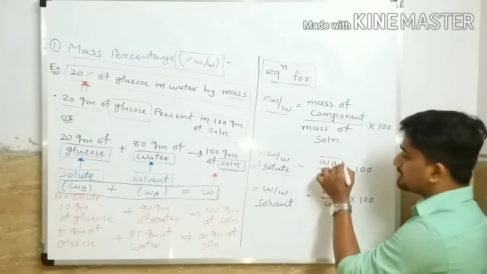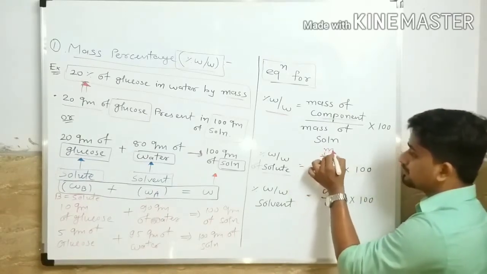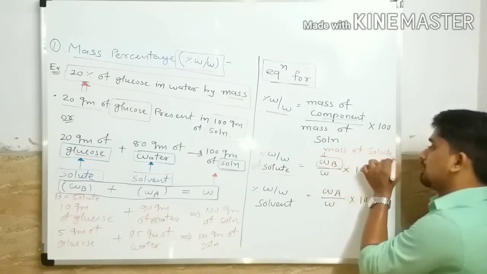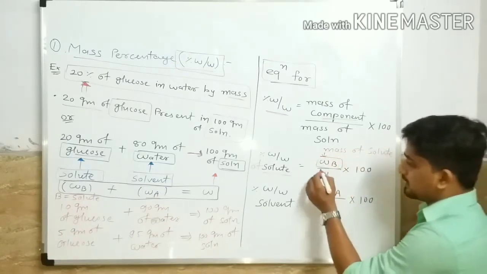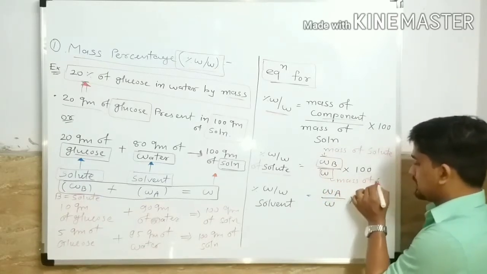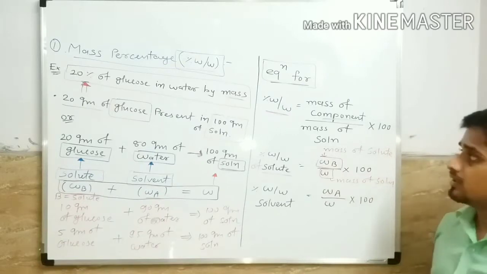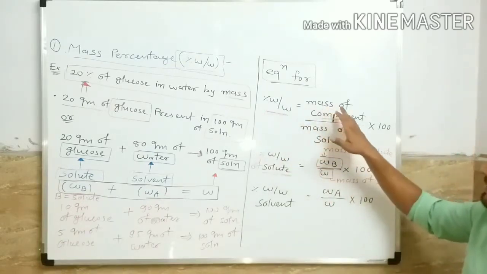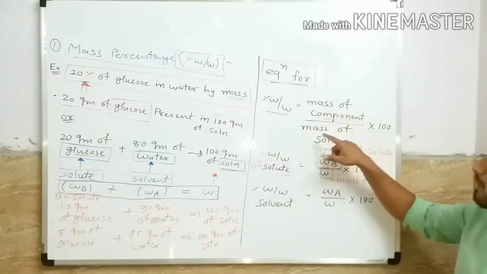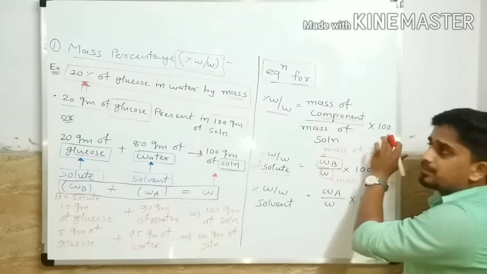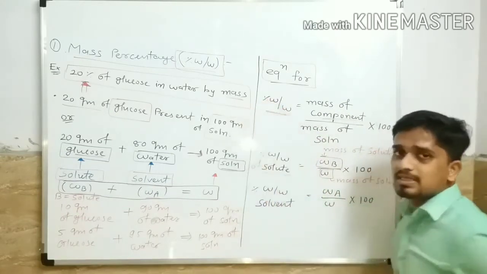Here WB is the mass of a solute, and W is the mass of a solution. And why 100? Because we have to find it in percentage.